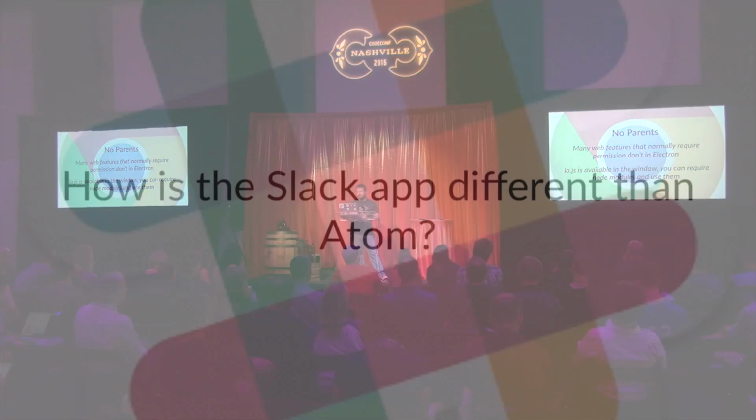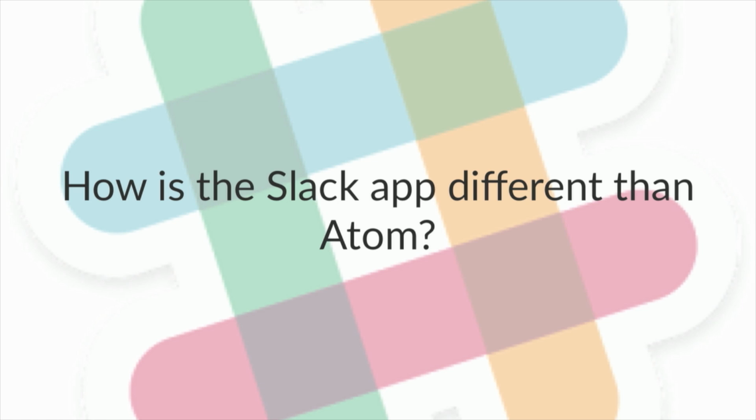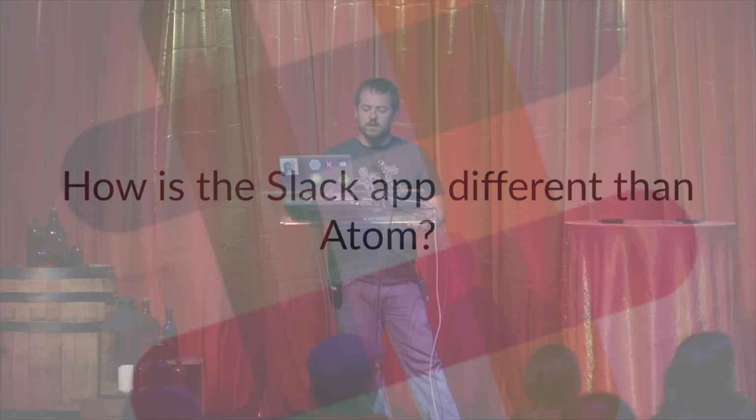So that's super cool. The Slack app is a little different than the way that Atom works, so I'm going to describe two different ways to write desktop applications using Electron. Atom has a desktop Zen nature. When you download Atom, all of the HTML, all the CSS, all of the JavaScript is shipped in the box.